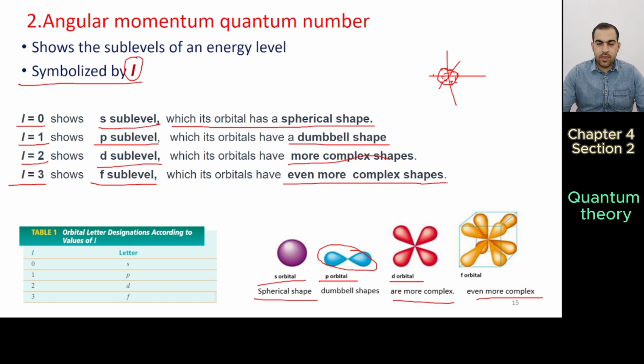For the s sublevel, l equals 0. l is the angular momentum quantum number. When l equals 1, p sublevel, l equals 2, d sublevel, l equals 3, f sublevel, and we know the shape of the sublevel orbitals.